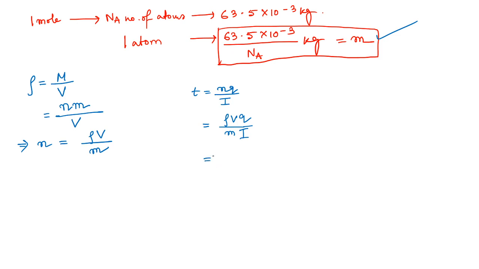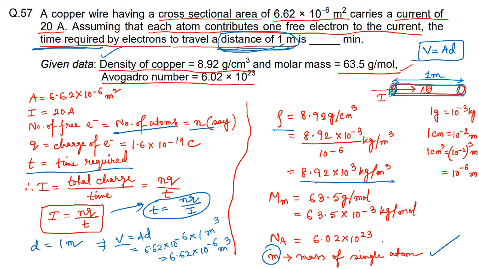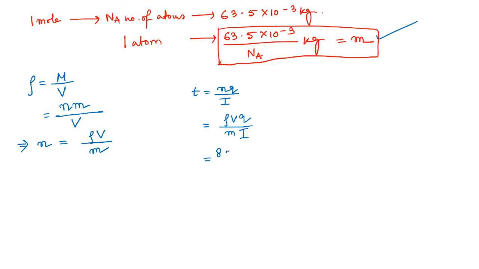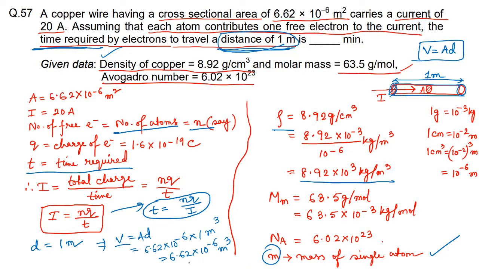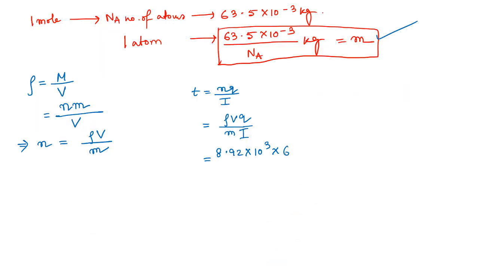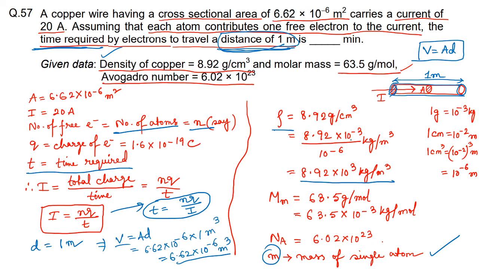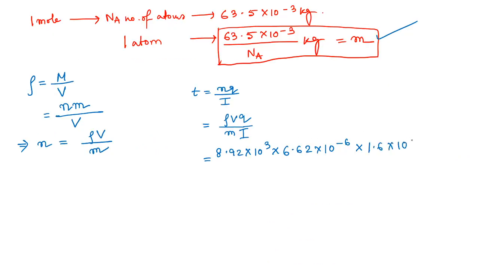Let us now put the values for each. Rho here is 8.92 into 10 cube, into v here is 6.62 into 10 to the power minus 6, into q here is 1.6 into 10 to the power minus 19 coulomb, divided by m here is 63.5 into 10 to the power minus 3 divided by Na.